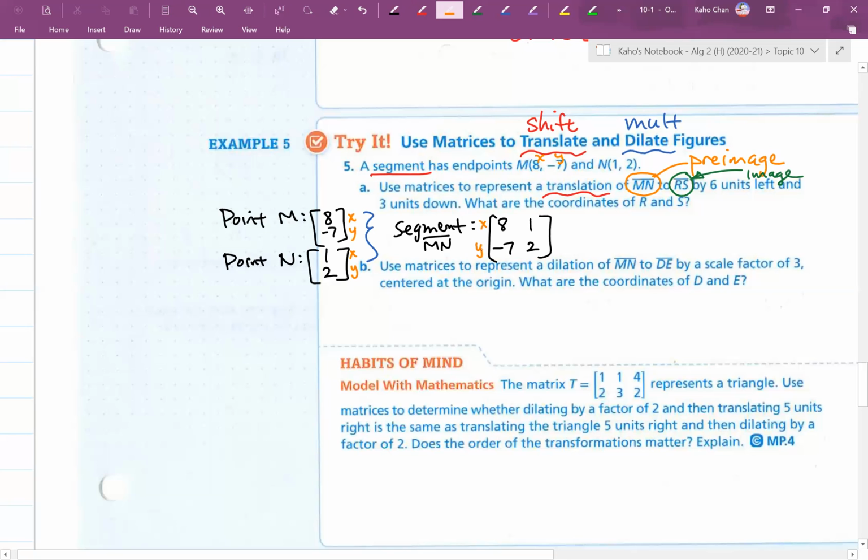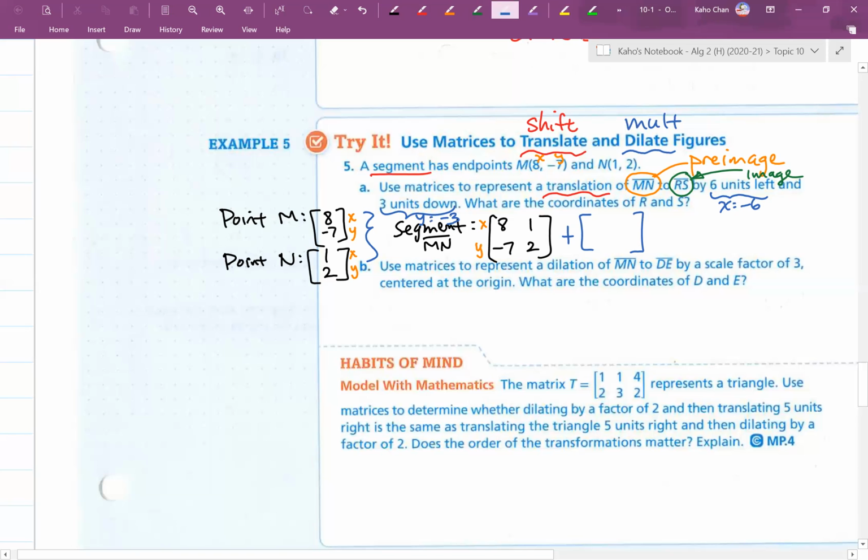We need to translate, meaning we need to add a translation matrix. And watch this. This is going to be interesting. Remember, we are shifting it left 6, which means the x values are -6. And 3 units down, those are the y values. And we're going to go down -3, okay?